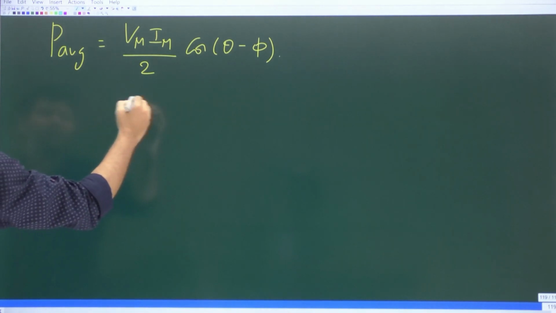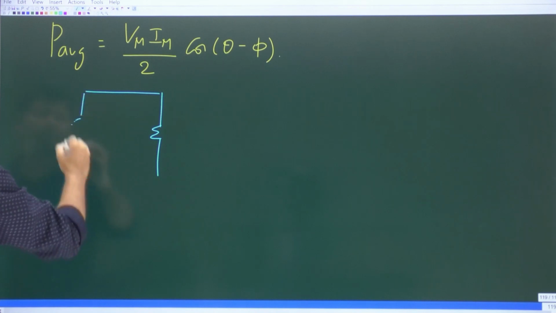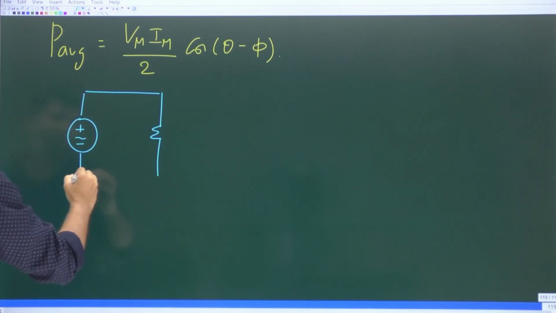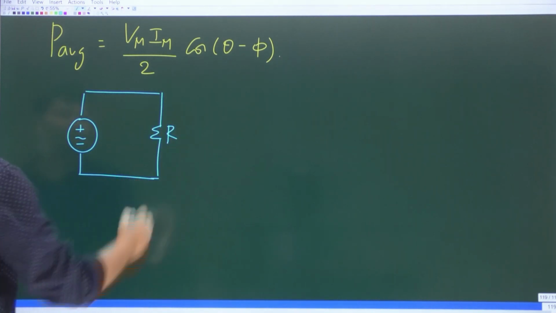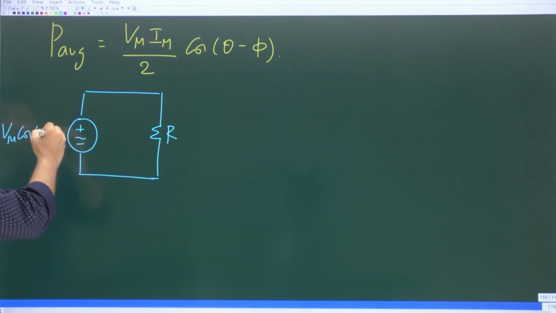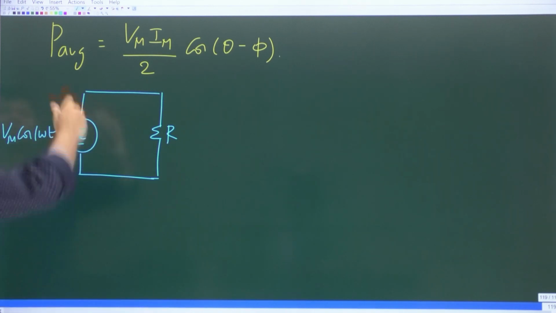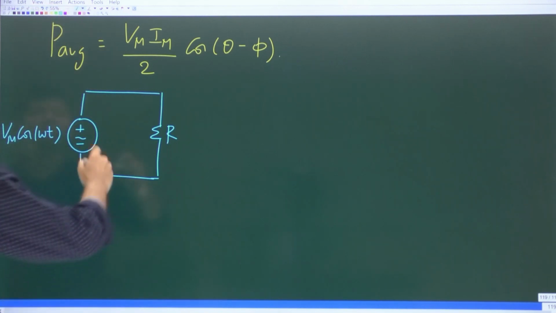Let's say we have a resistor across which a sinusoidal voltage is applied. Let the resistor have a resistance of R, and let the sinusoidal voltage applied be Vm cos omega t.